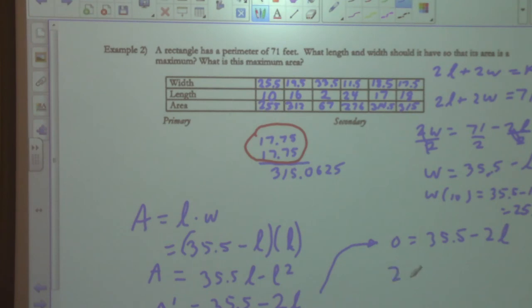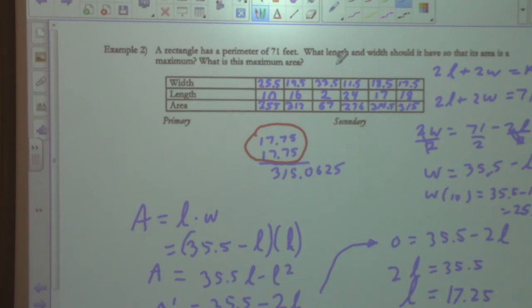So 2L is equal to 35.5, so L is equal to 17.75.